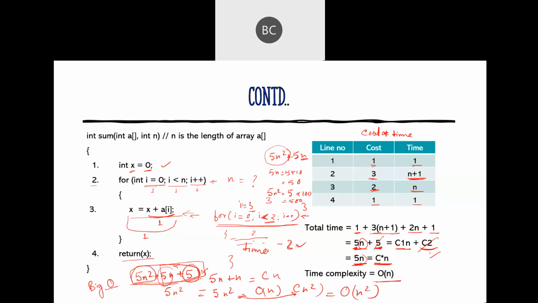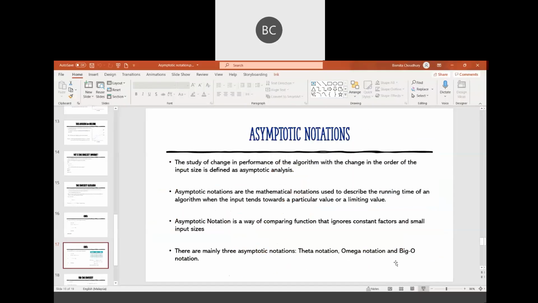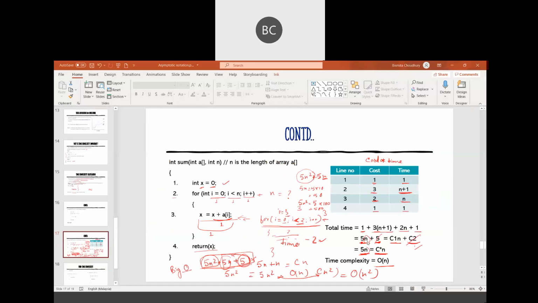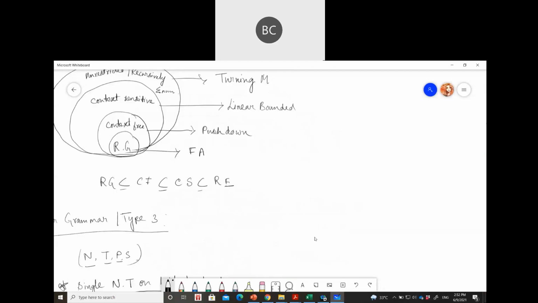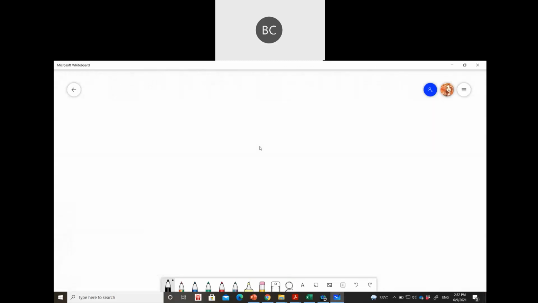Okay. Sometimes you will see in some places written like 10n squared plus 5n plus 2n.